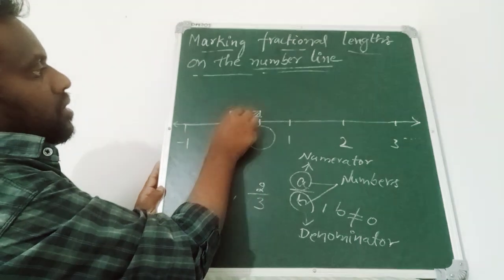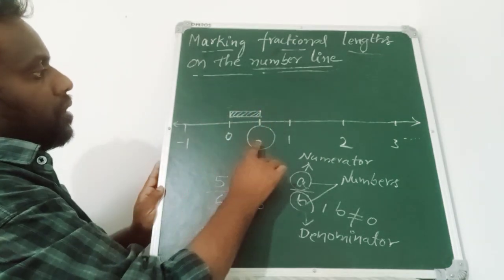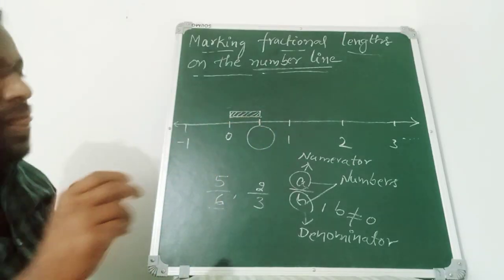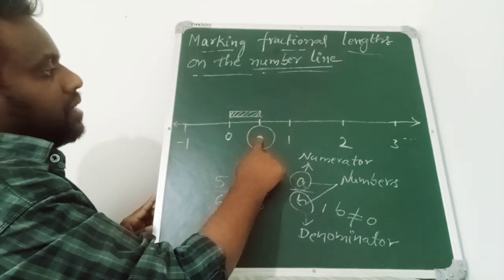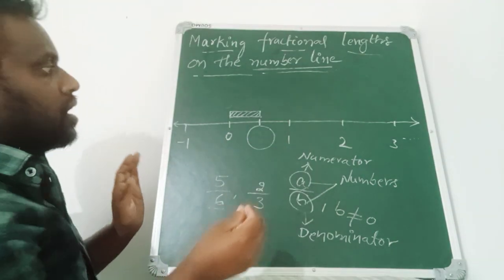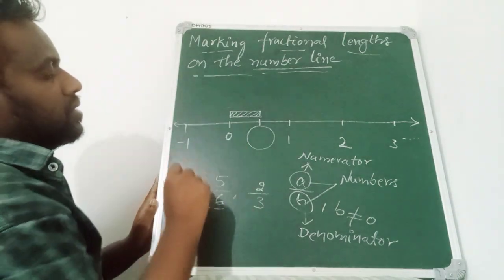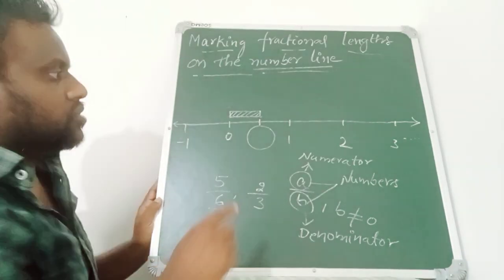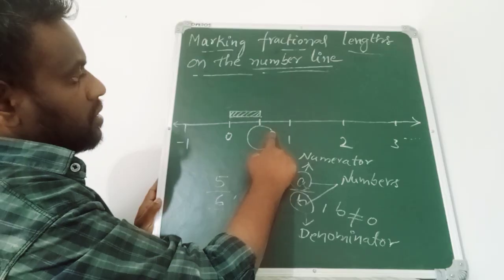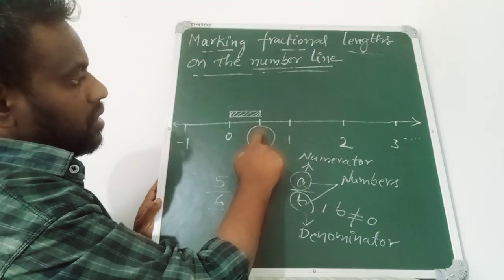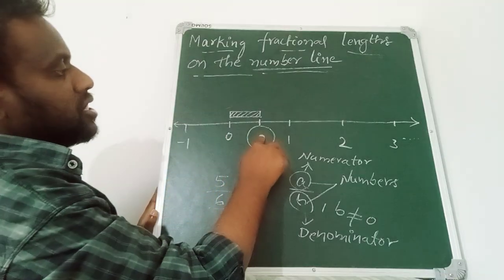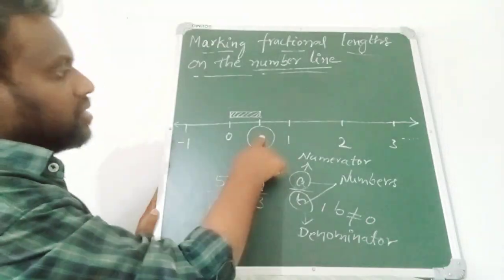Now we have to write the length of this here. Now how to find the length? For that, just observe here. See, this is this circle. In this we have to write the fractional length.